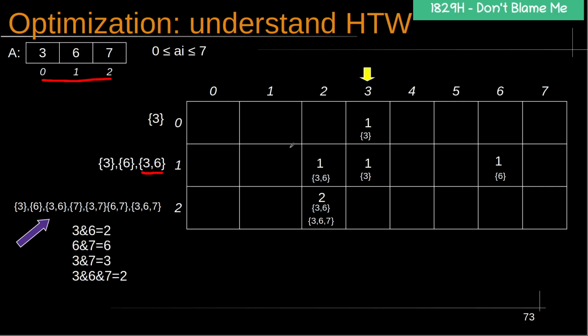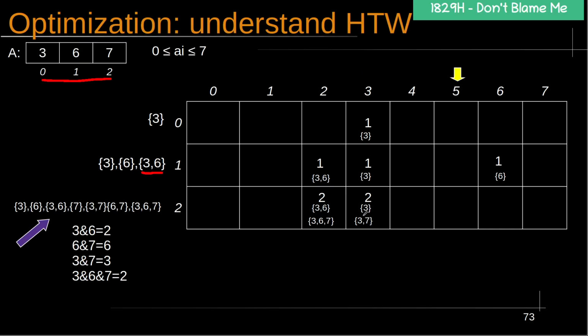For 3, we have also 2, which are 3 and 3, 7, because the AND of 3 and 7 is equal to 3.